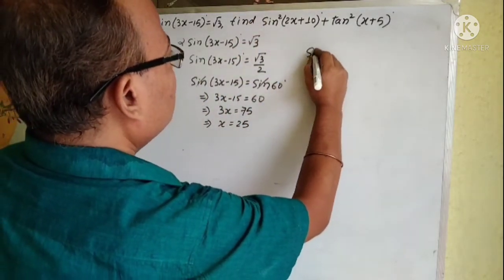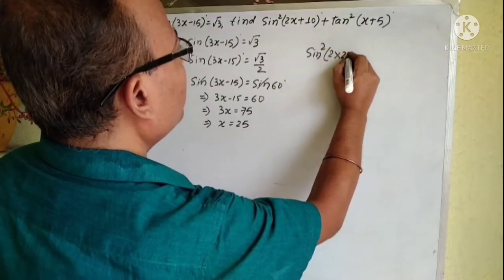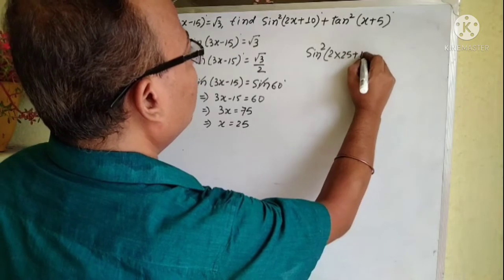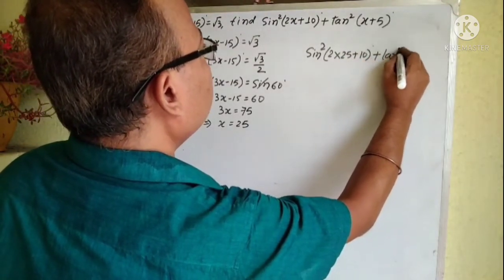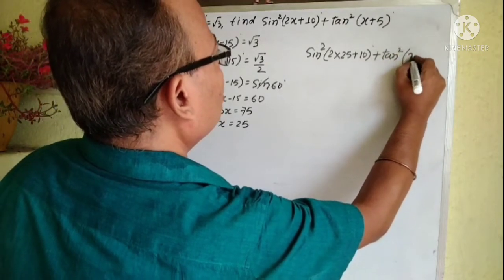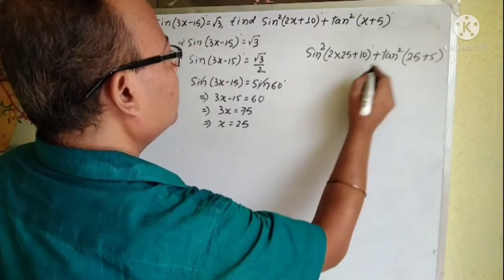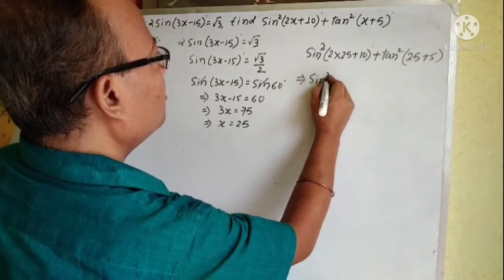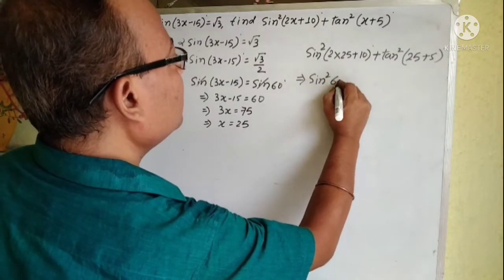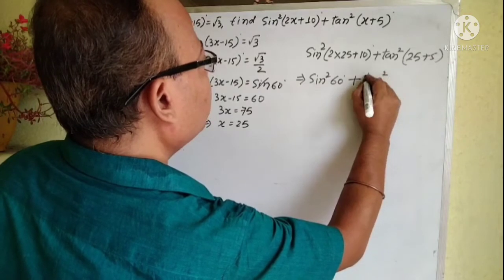So sine square 2 into 25 plus 10, plus tan square 25 plus 5 degree.